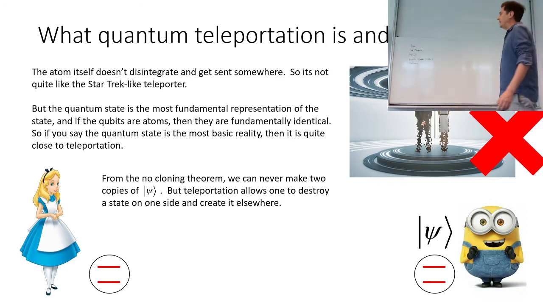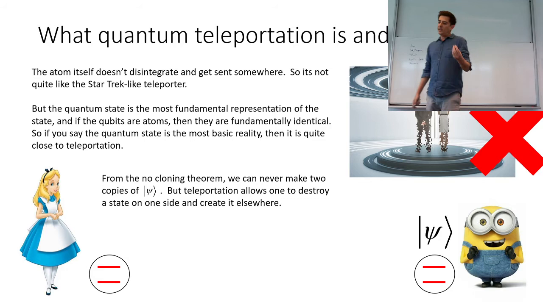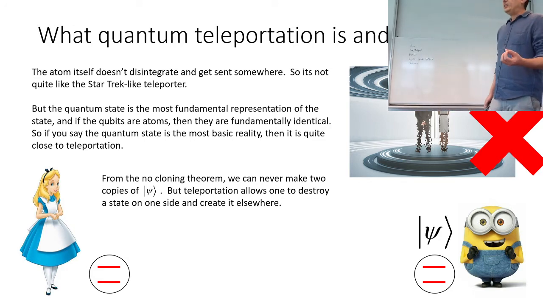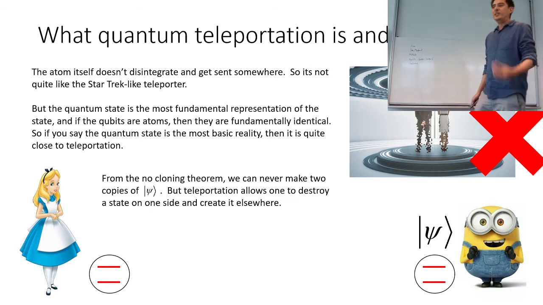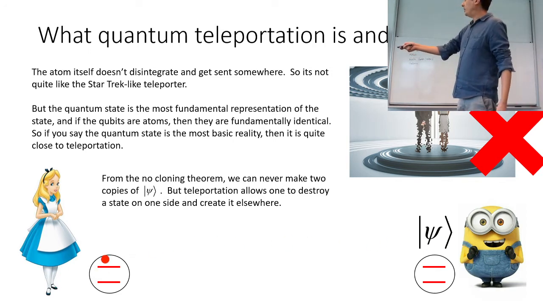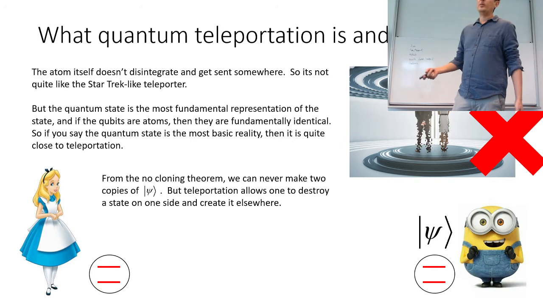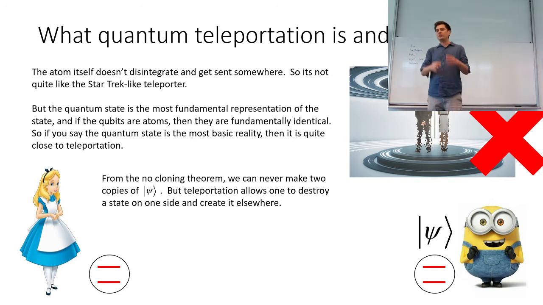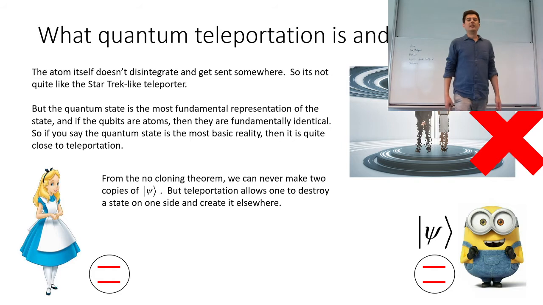So if you take the point of view that the state of something is really the quantum state, and that's the ultimate description of what something is, then in that sense that state is being transferred from Alice to Bob. You can almost think of the atom as just a mediator of the transition.